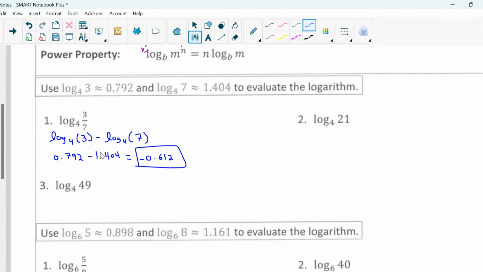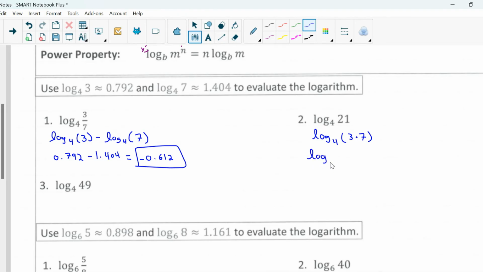Okay, with number 2 here, since I don't know what log base 4 of 21 equals, I could always split this up. So I know what 3 and 7 equal, so I'm going to split up 21 to be log base 4 of 3 times 7, because that equals 21. So remember, the product property of your logs says that two numbers being multiplied is the same as adding.